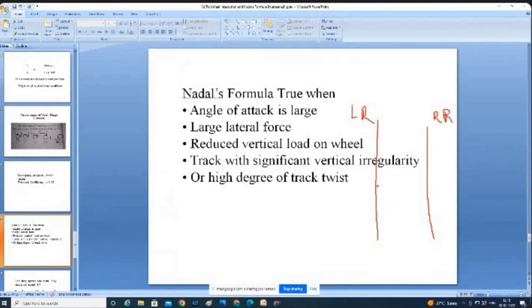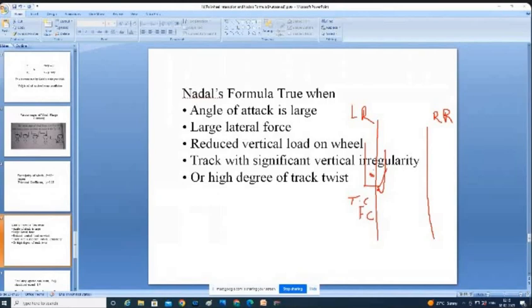Here I told you, whenever a flange touches the rail head on this side, one additional force will come, FC, the point of contact, flange contact. Normally tread contact will be there. So flange contact and tread contact: tread contact will be in the center, flange contact will be at one corner.